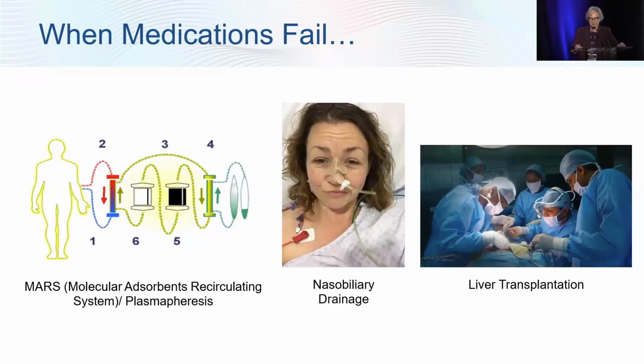What's the Hail Mary when medications fail in PBC? Well, fortunately, I don't see this very often. But some patients are literally driven crazy by their itching, and you have to do something. And so at tertiary centers, there's sometimes the option for MARS or plasmapheresis. I've never seen nasobiliary drainage done before, but it's an option in our itchy patients.